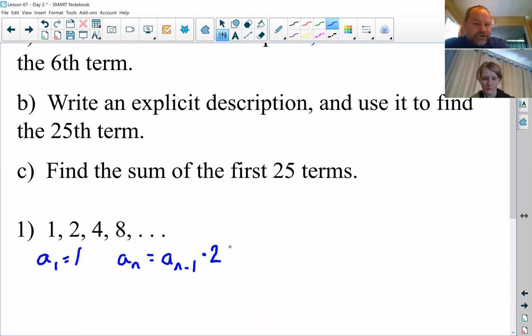Our recursive definition says take your previous term and multiply it by 2 to get your next term. For the sixth term, using the recursive definition, I already know what terms 1, 2, 3, and 4 are. So the fifth term I would multiply by 2 and get 16. And my sixth term, I'll write those down, although I think you could probably do that in your head.